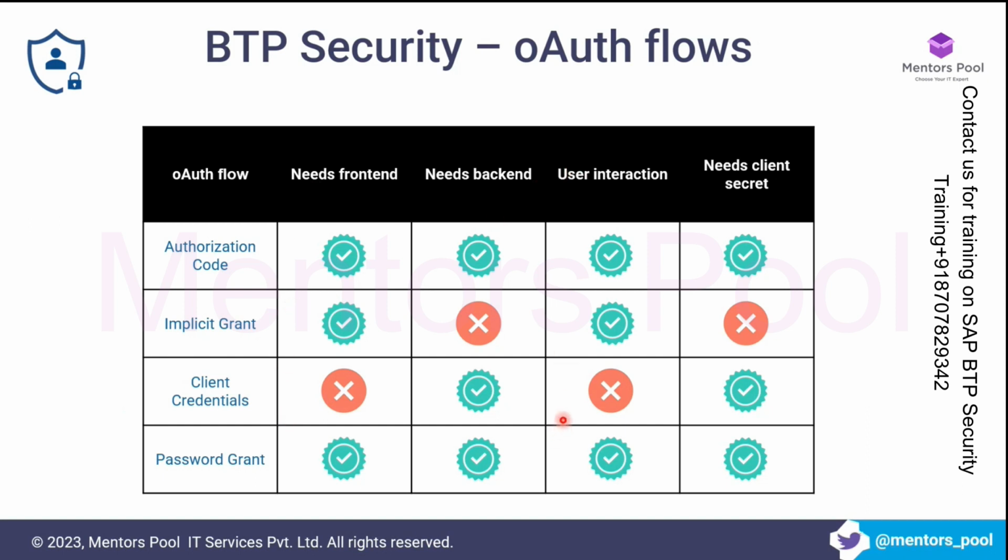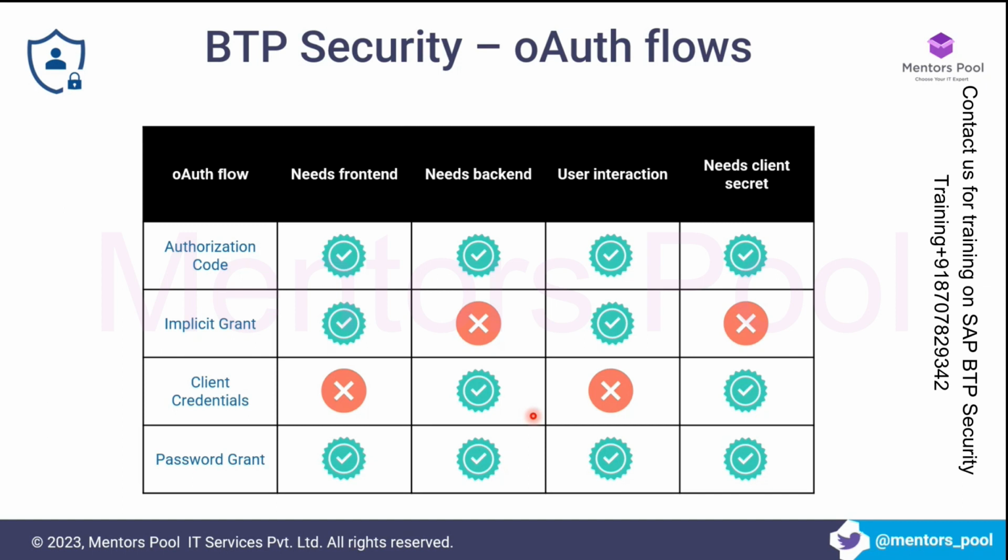No. That means I will use this flow when I need machine to machine or app to app communication. In the case of your IoT sensors example, if I have an IoT sensor which I want to talk to my server side on BTP, I will use this client credentials flow.